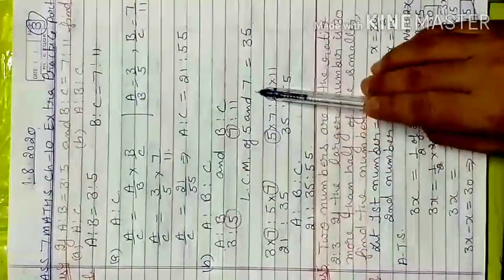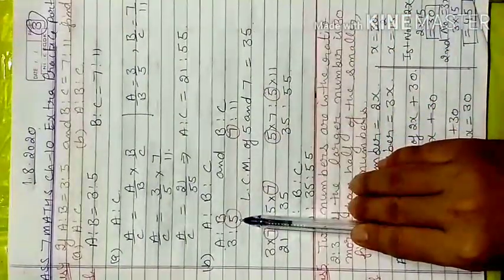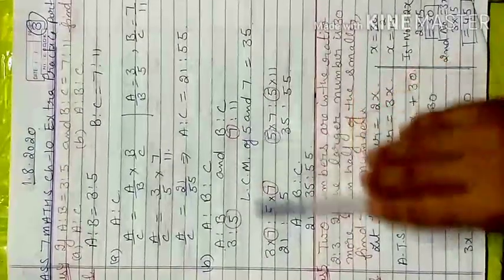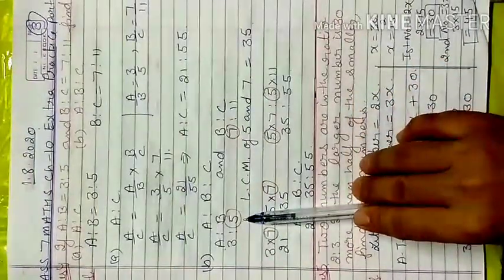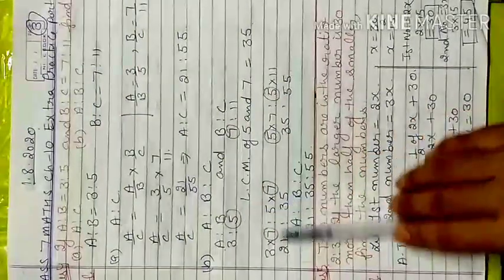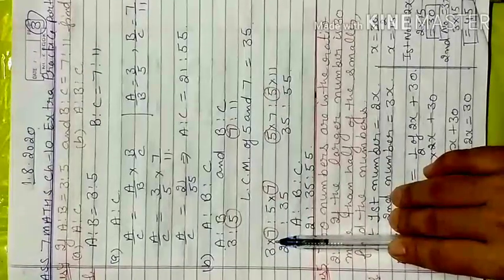The LCM of 5 and 7 is equal to 35. That means you have to change this 5 into 35 and also this 7 into 35. When I want to change this 5 to 35, I have to multiply with 7. If I multiply this term with 7, the corresponding term is also multiplied with 7, the same as the rule in fractions.